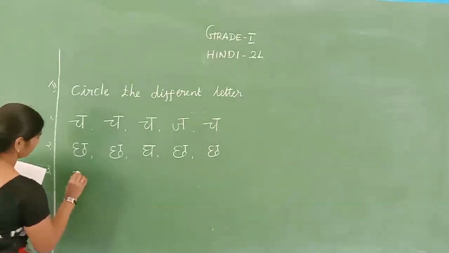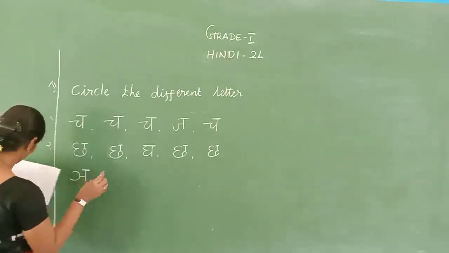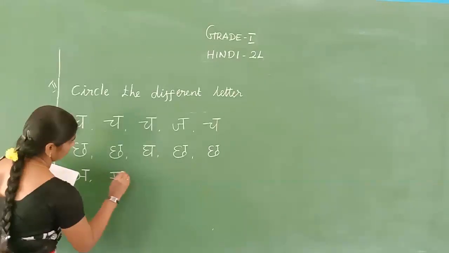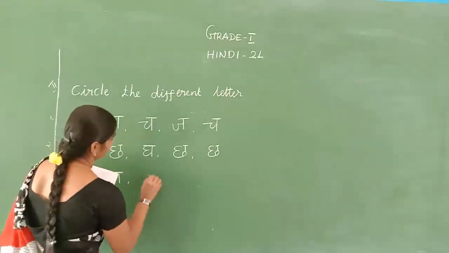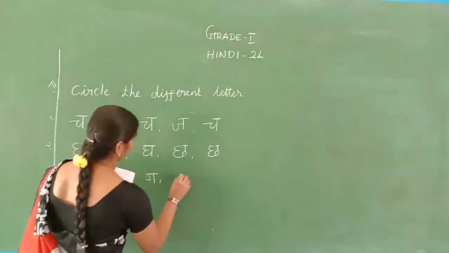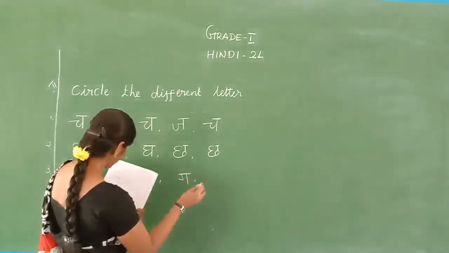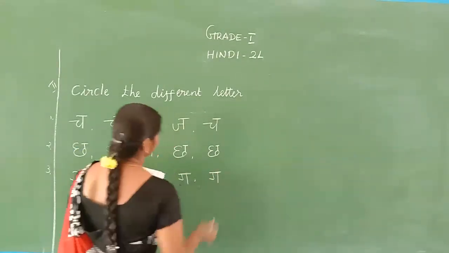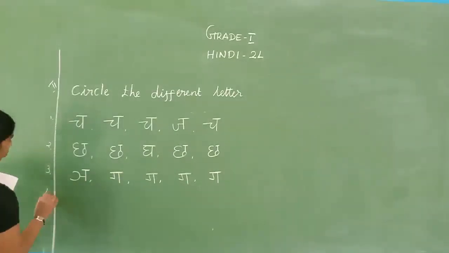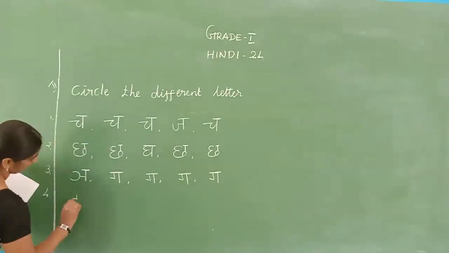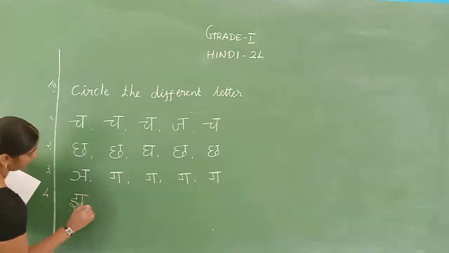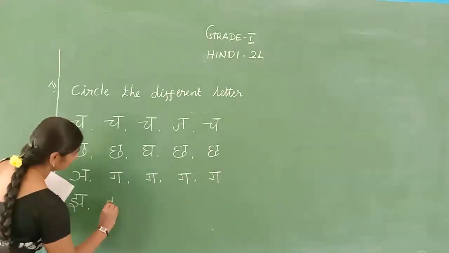Third, which is the different one we have to find, right? Only a small difference, children. You have to find it very carefully. Okay? Right.